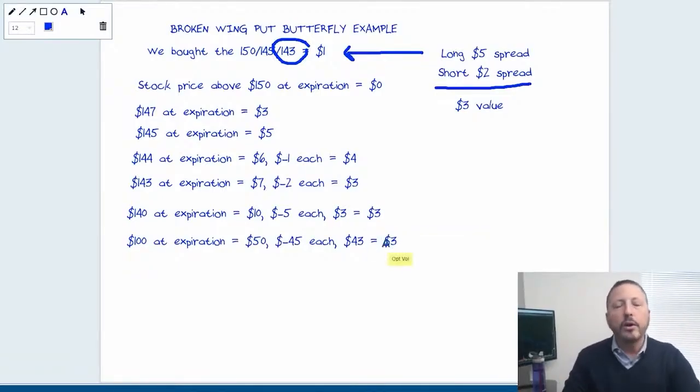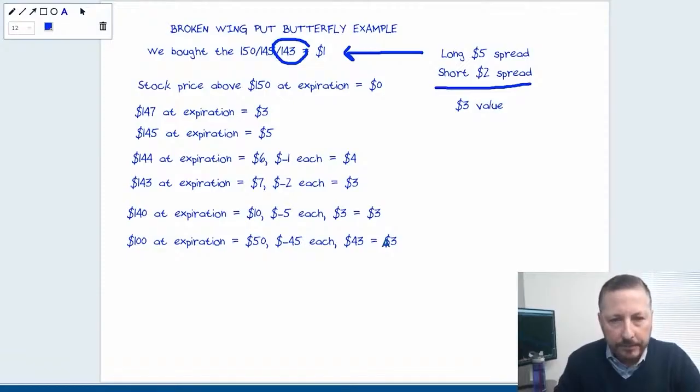So what a broken wing butterfly does, costs a little bit more. We still look for the stock to move to the short strike. But what it does is on a move further beyond the end strike, we still make money. Whereas in a regular butterfly, we don't. That's why a broken wing put or call butterfly, either way, costs more than a regular butterfly.